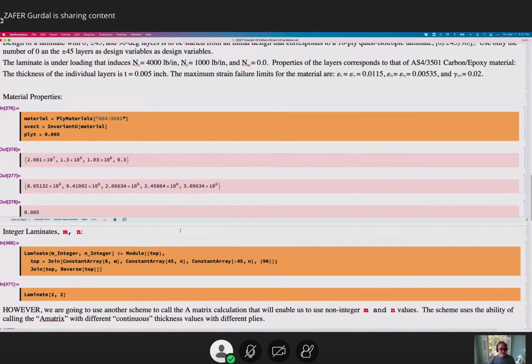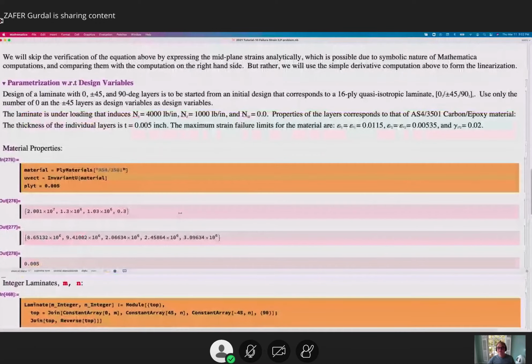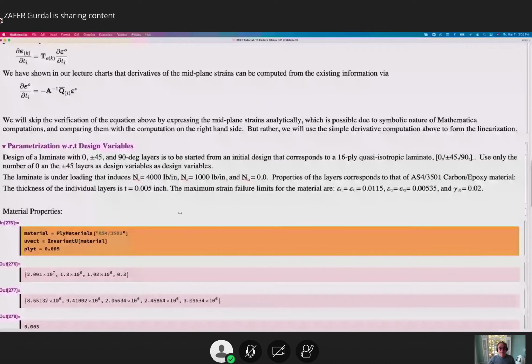That was something similar to what I have here, except this one is adapted to this particular example problem, where I'm going to treat the number of zeros not as 2, and number of 45s not as 2, and number of 90s either as 2 or not as 2.